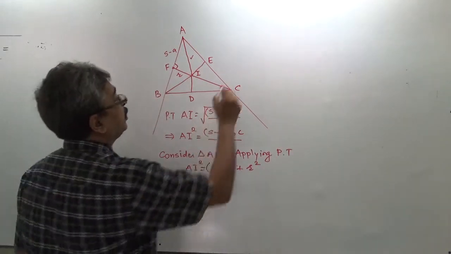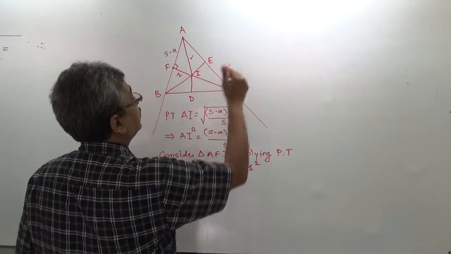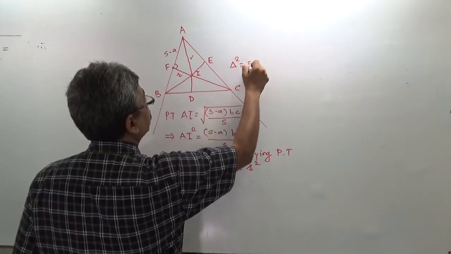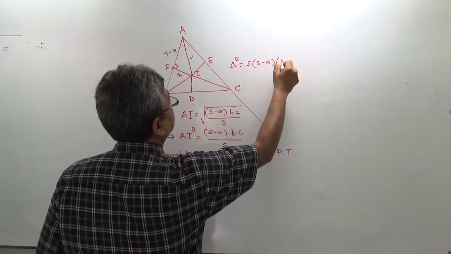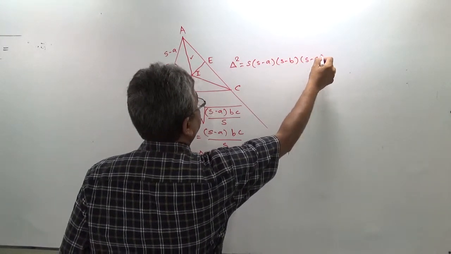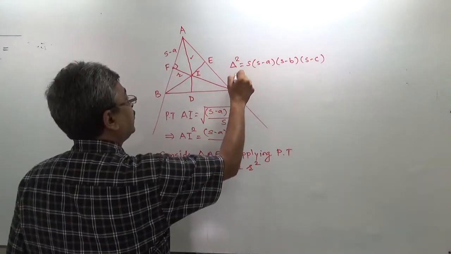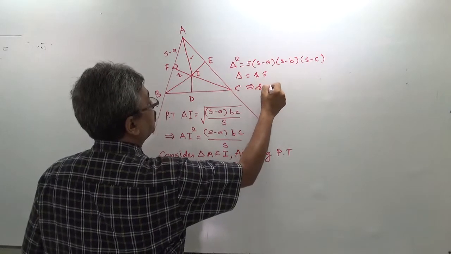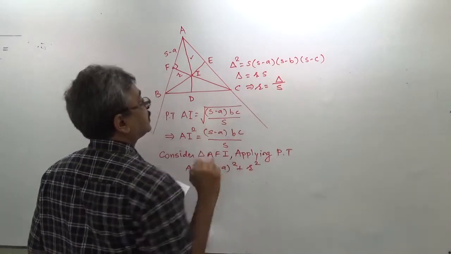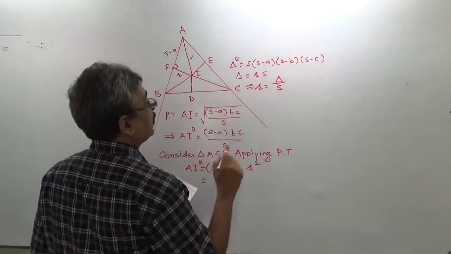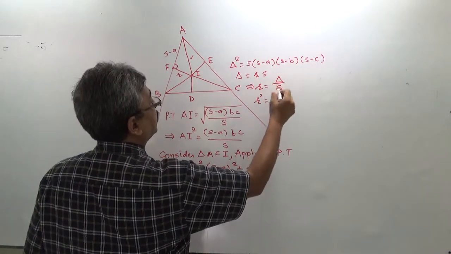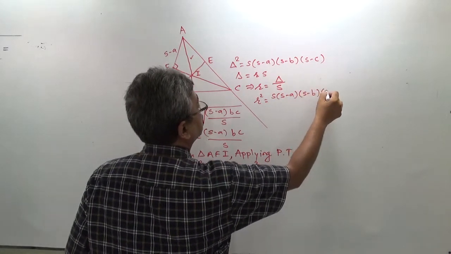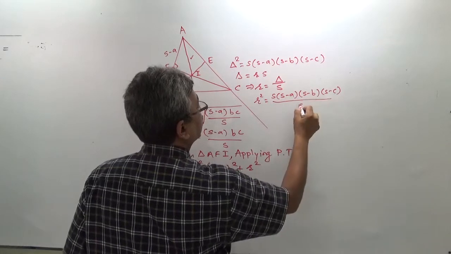Now we already know that delta square is equal to s into (s minus a) into (s minus b) into (s minus c), and delta is equal to r into s. This implies r is equal to delta upon s. Correct? And therefore r square will be equal to delta square, that is s into (s minus a) into (s minus b) into (s minus c), upon s square.